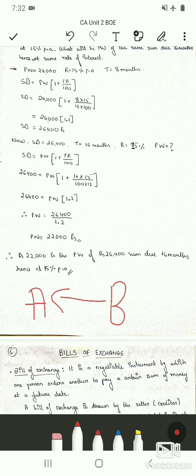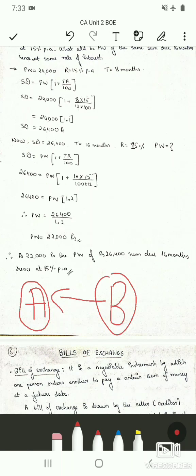But after 6 months, B might pay the amount or he may not pay the amount. If he doesn't pay, then it is a huge loss for the seller A. So to overcome this loss, A makes an official document on which he writes that B has to pay so and so amount after certain months for the value of goods, and on that document B has to sign or state accepted, and both have to sign.